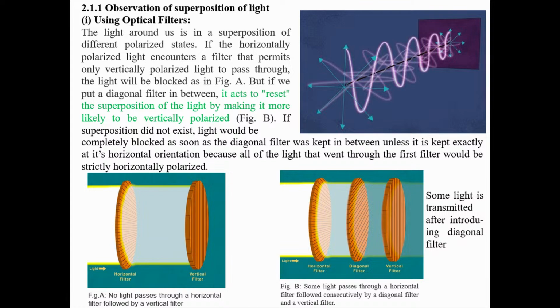But the peculiar, surprising thing is that if you put another filter in between, a diagonal filter, which is neither horizontal nor vertical, then some part will come out, and from this again some part is coming out.